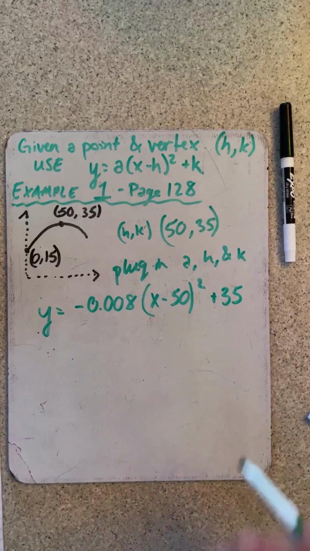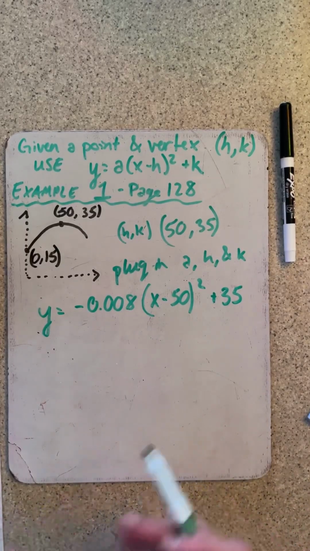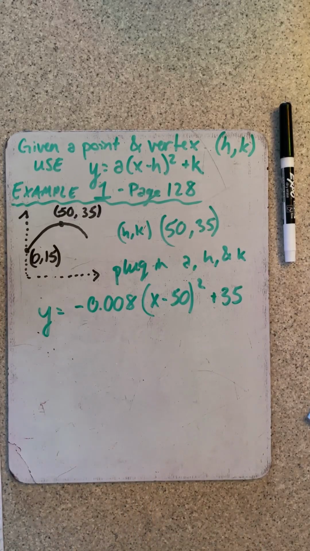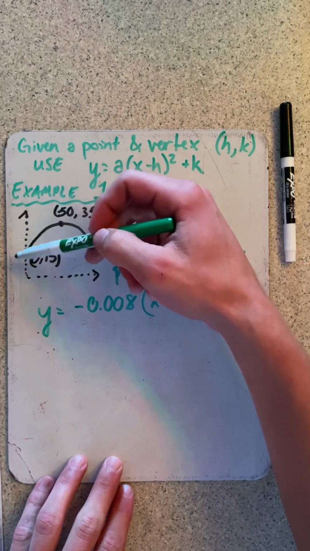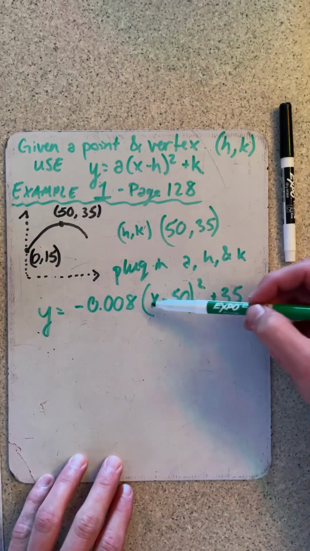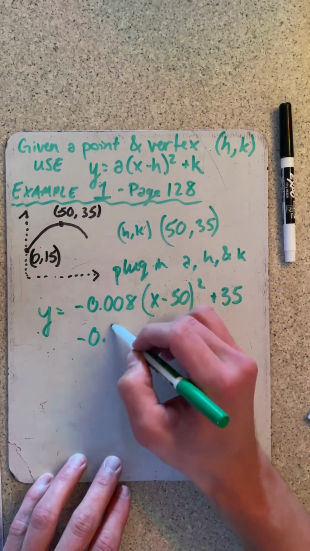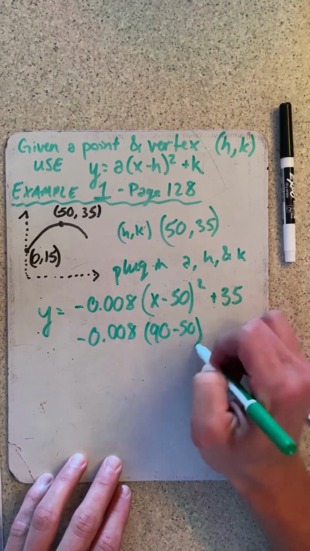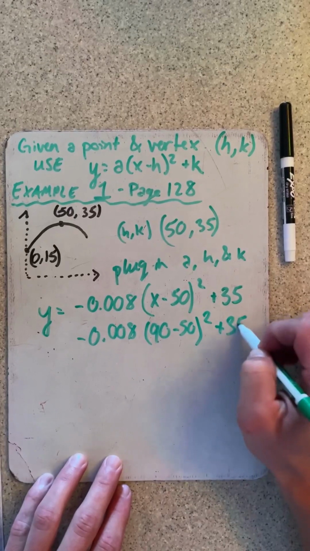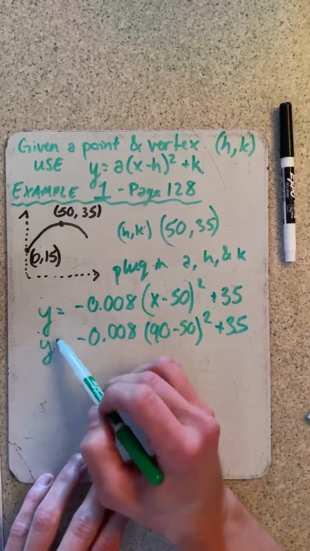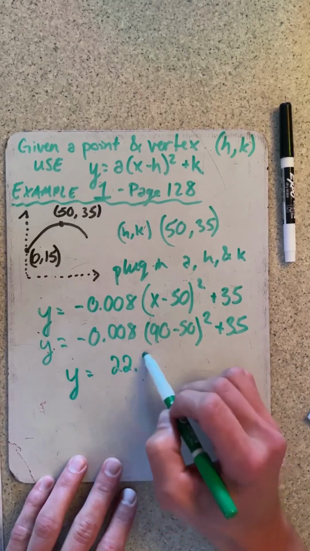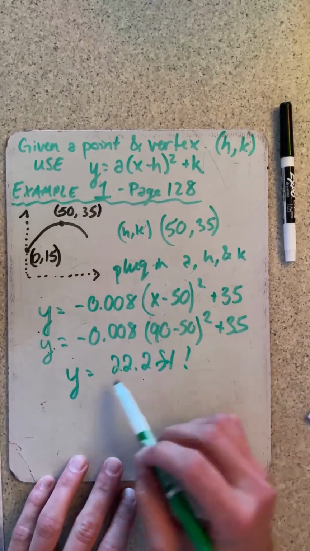Now, the second part of the question was the performer lands in a net 90 feet away from the cannon. What is the height of the net? We know that the height is y, so I'm looking for the y. It's giving me 90 feet away, so that's the x. So I plug this in, and I would use a calculator for this because more than likely I would not want to do this by hand. And once you plug that in, you would end up getting y equals 22.2 feet.